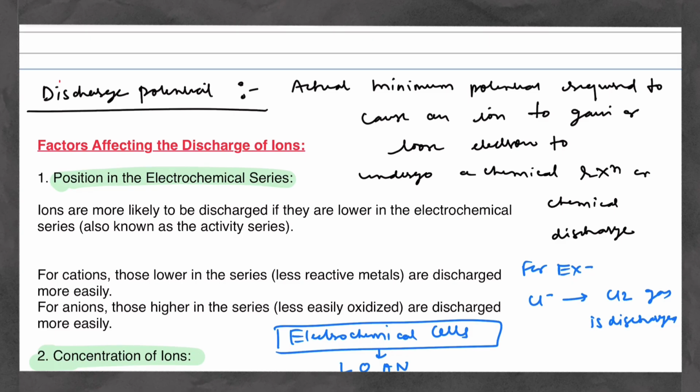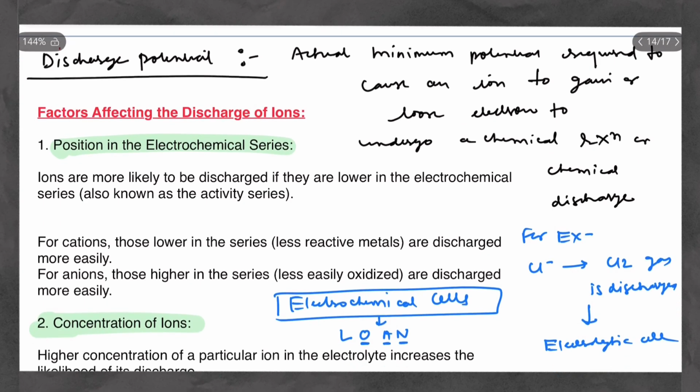But here, because we are using an electrolytic cell, we have the same charge, but we name it differently. Because chloride has a negative charge, it goes to the positive plate. The positive plate here we call the anode.